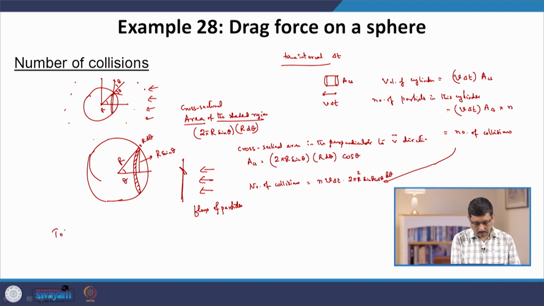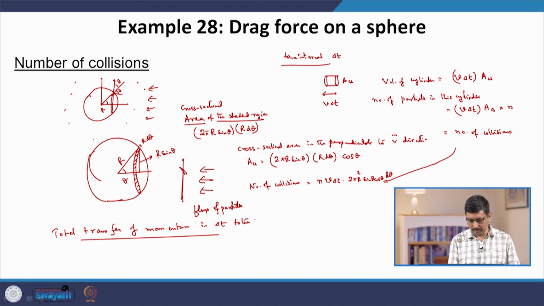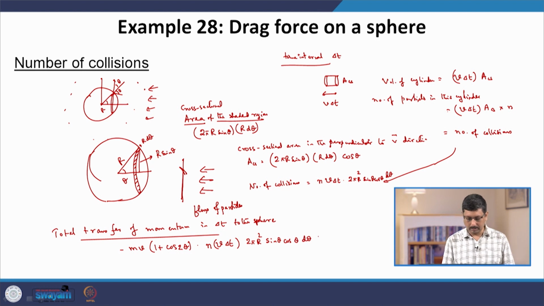So, the total transfer of momentum in delta t time interval to the sphere, the change in momentum of the sphere, is given by the transfer of momentum in one collision of this particular type into n v delta t times 2 pi r square sin theta cos theta d theta.